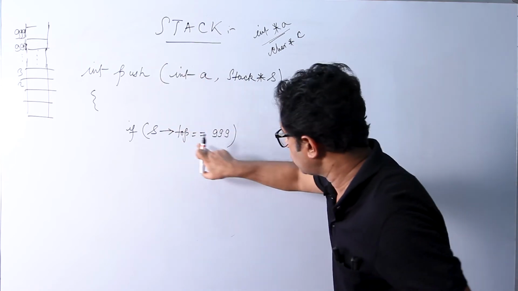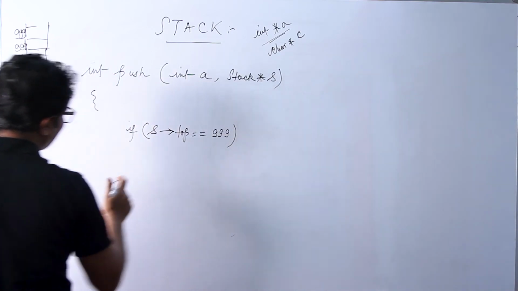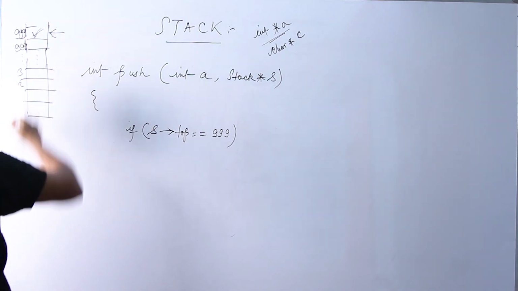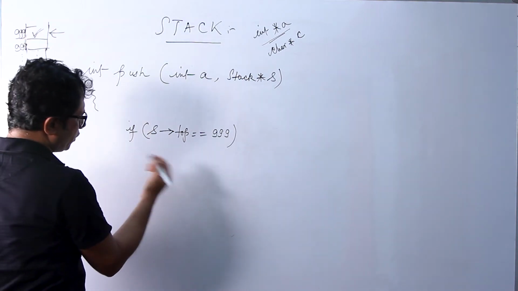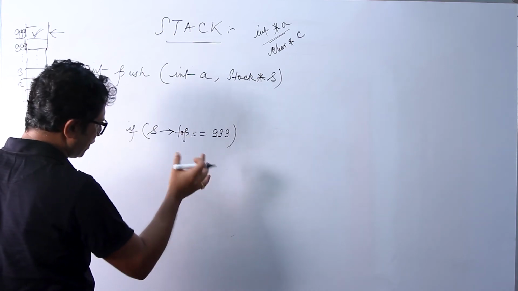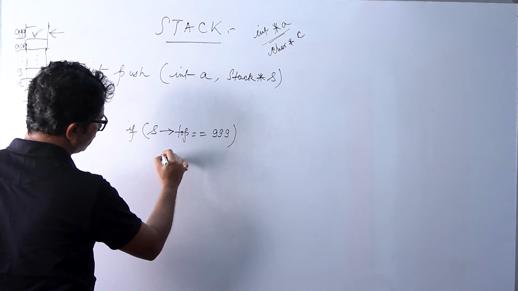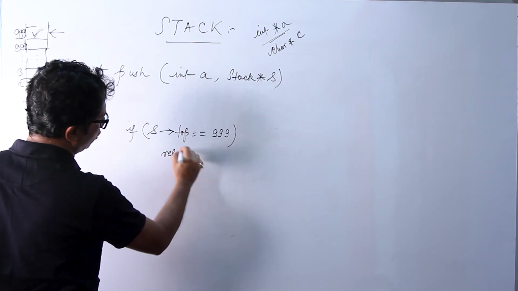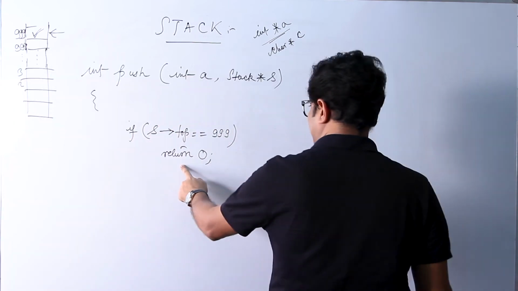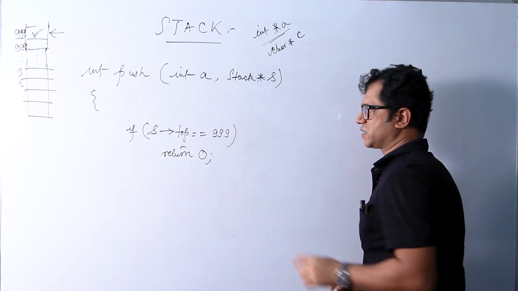So if S arrow top is equal to 999, so if the top resides over here, that means the stack is full. In that case, we will not be able to push any value into the stack. In that case, I will get a return value of 0 to denote that the operation is unsuccessful.